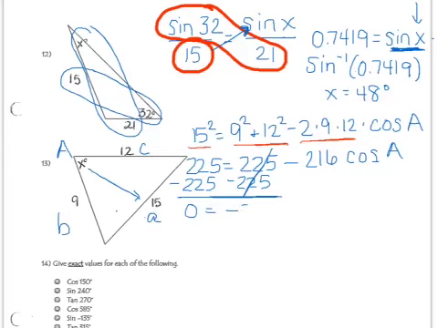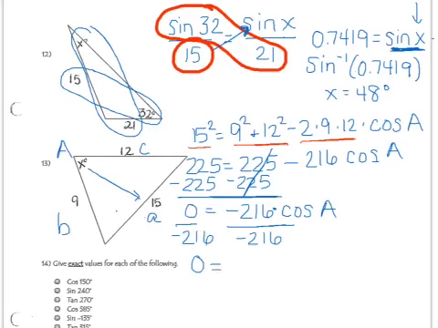And then over here I'm left with negative 216 cosine of A. Now because this is multiplication in here, negative 216 times cosine of A, I would divide by negative 216. And 0 divided by 216 is 0. That cancels. And so now I have 0 equals cosine of A.